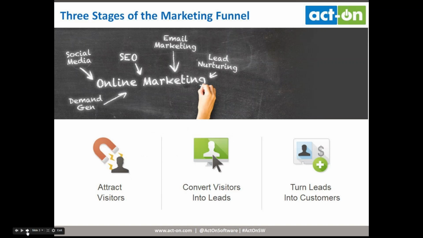The middle of the funnel certainly includes converting these people into actual leads, either by way of self-identification or through identifying who they are and reaching out to them in an automated fashion via email and or via phone. We'll talk about a couple of these pieces, converting visitors into leads. And then finally, how are we converting these leads into actual customers or clients of yours in an automated fashion or otherwise?